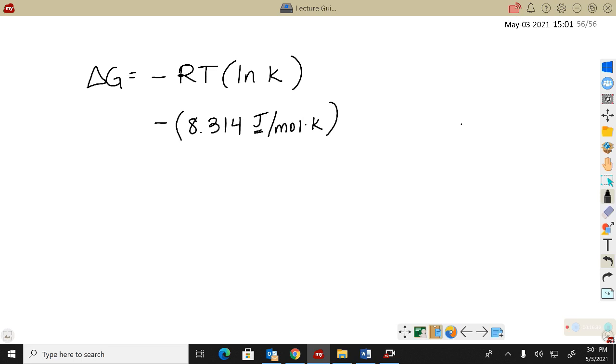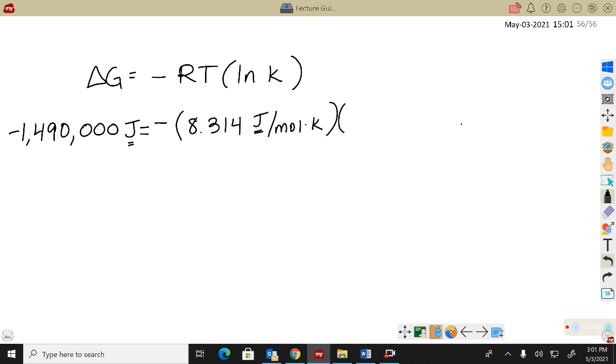Now, obviously, I could also change R into kilojoules, or I could say that G is negative 1,490,000 joules. I could do that. Not a big deal. It's just a really big number, but it's fine. So I gotta make sure that these guys match now.